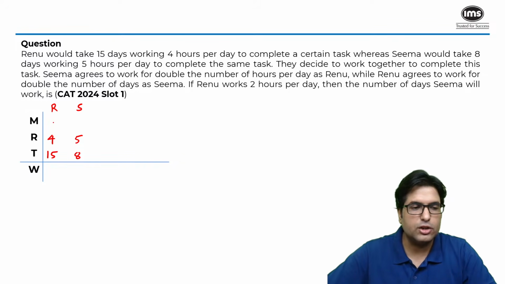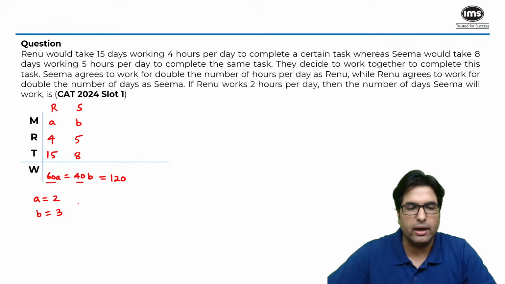Therefore, if I assume the rate of Renu to be A, for Seema to be B, we multiply, we get 60A is equal to 40B. We can assume the work to be 120, a multiple of 60 and 40. So we get the rate of A to be 2 and the rate of B to be 3. So Renu has an efficiency of 2, Seema has an efficiency of 3.